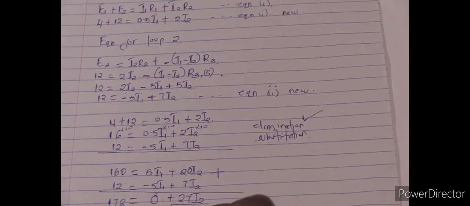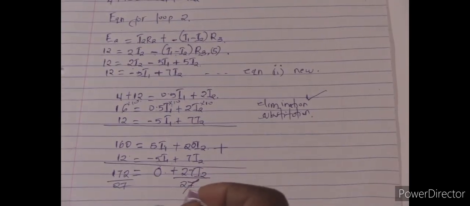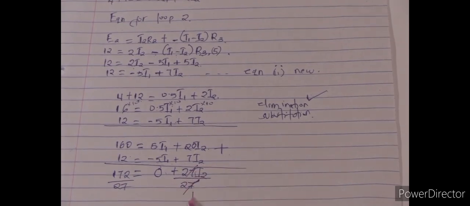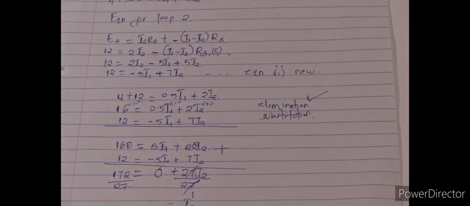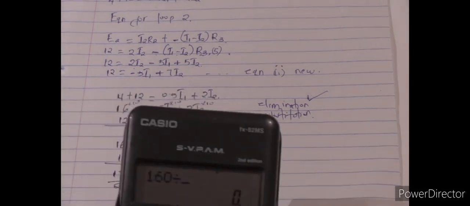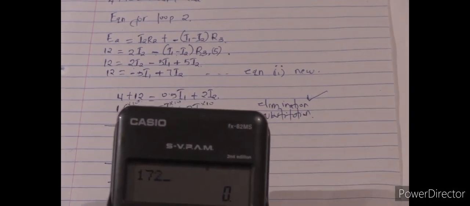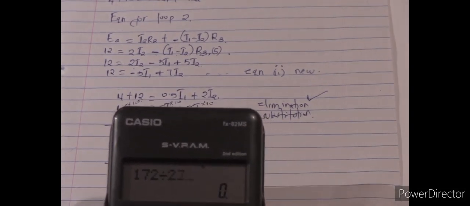So over 27, you get I2 equals 172 divided by 27.